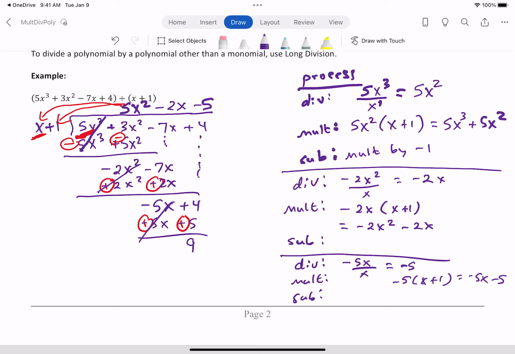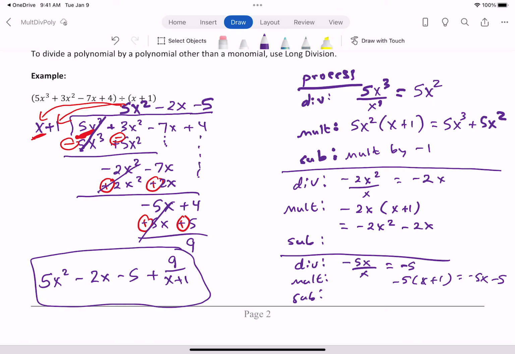The reason we know we can stop is because my lead term now is 9, and there is not an x variable in it, so it won't do me any good to divide 9 by x. So my final answer is 5x squared minus 2x minus 5. We write the remainder as plus 9 over the divisor. So this whole thing is the answer.